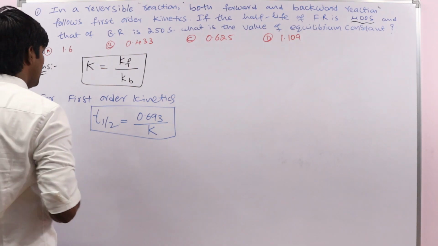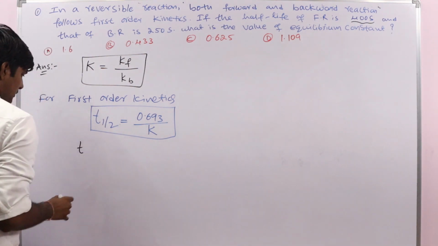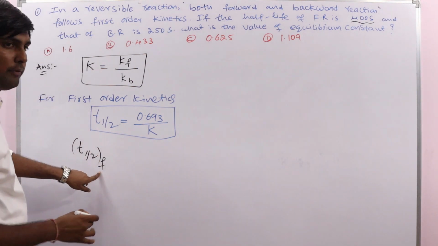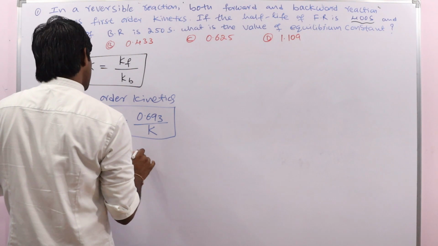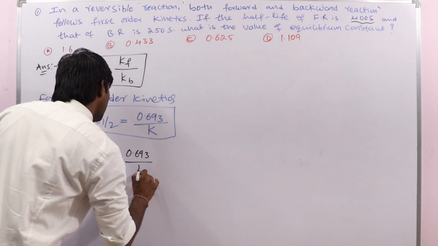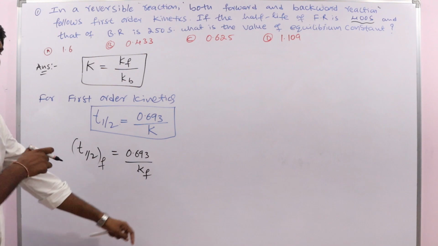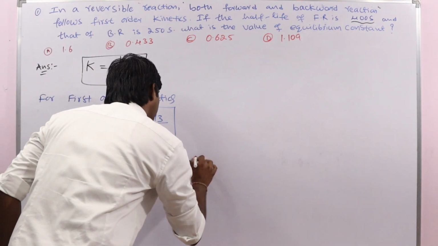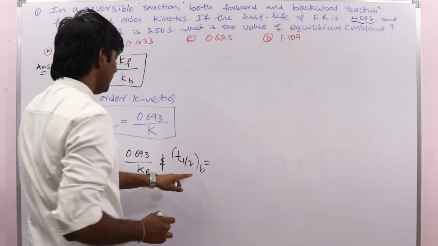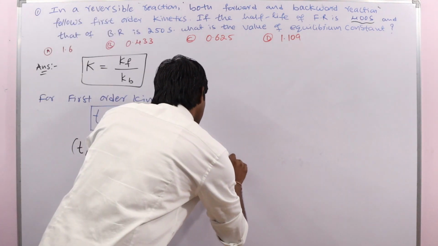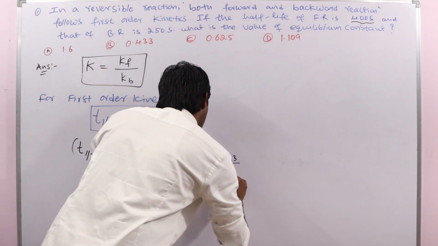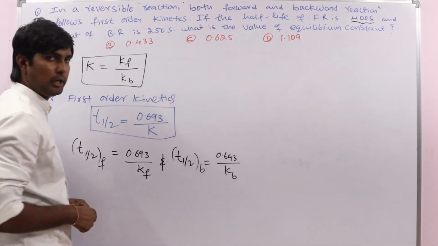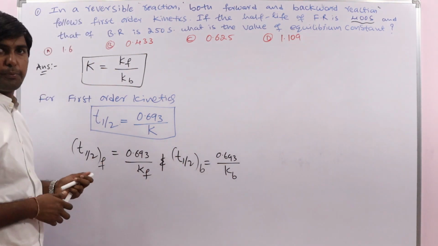So the half life of the forward reaction is equal to 0.693 by Kf. And in the same way, the half life of the backward reaction is equal to 0.693 by Kb. So from this we can calculate Kf and Kb because this information is provided.